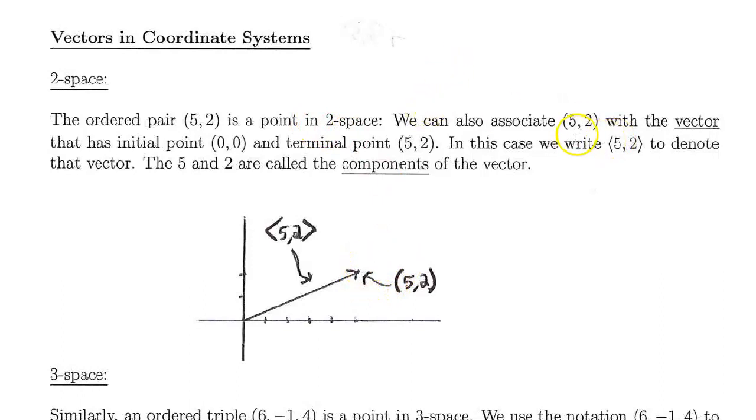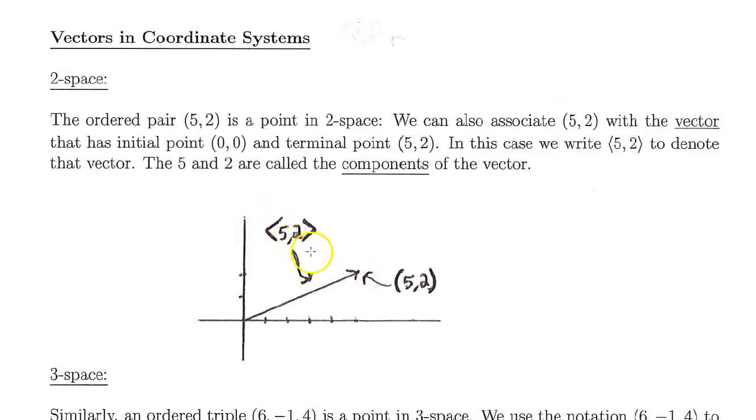We can also associate 5, 2 with the vector that starts at 0, 0, has initial point 0, 0, and terminal point 5, 2. In this case, we write 5, 2 with these slanted brackets here to denote that vector. The 5 and the 2 are called the components of the vector. You call the 5 the x component, the 2 the y component. Or sometimes we'll use i and j. I'll talk about that in a minute here. But in other words, the ordered pair 5, 2 is this point.